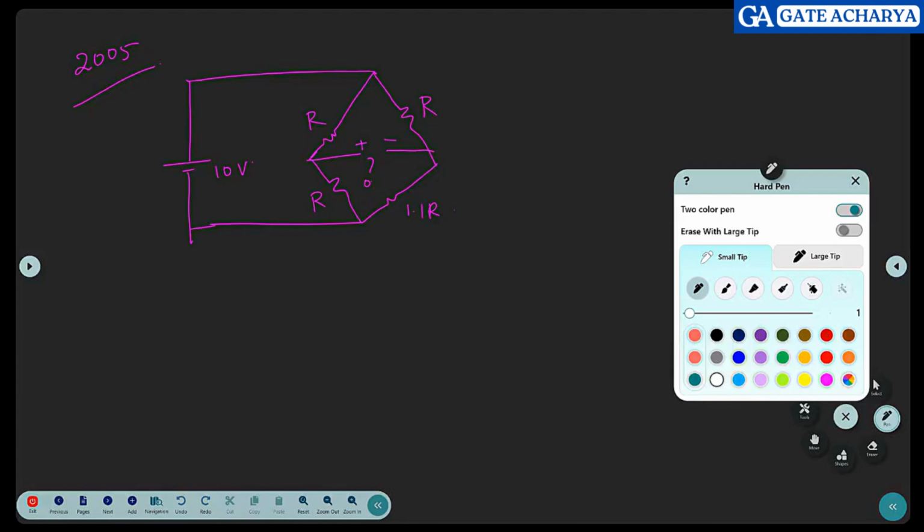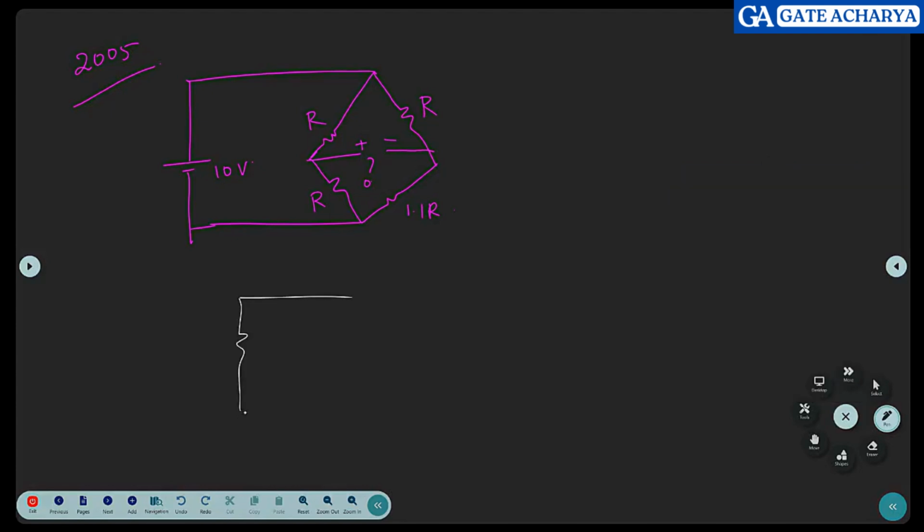See, you can redraw this circuit like this. Find this voltage with respect to the ground. Find this voltage with respect to the ground. V1 with respect to the ground, V2 with respect to the ground.